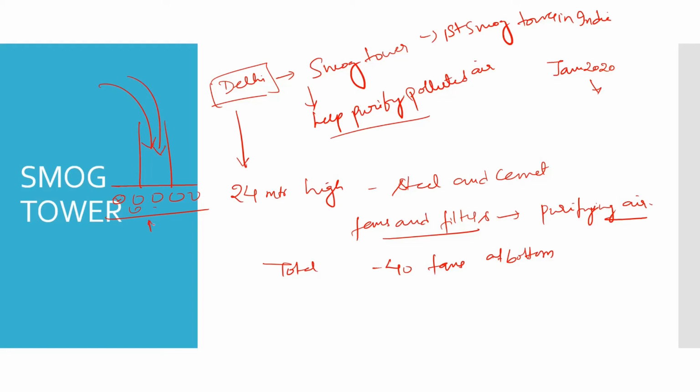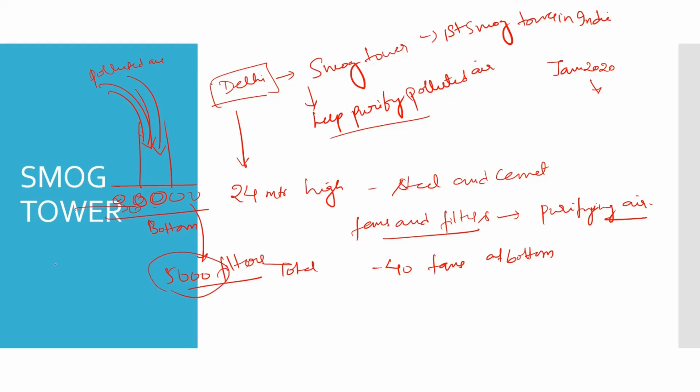The fans at the bottom will be sucking the polluted air from the top, and then they will be purifying the air. The polluted air will be sucked and it will pass through 5,000 filters. So they are sucked by the fans at the bottom, then filtered by 5,000 filters.